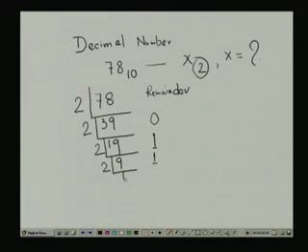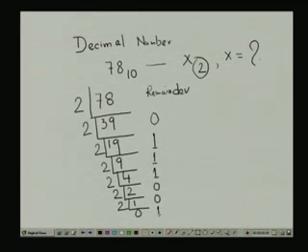Again I divide by 2, remainder 1. Again I divide by 2, remainder 0, and again by 2, remainder 0. I divide by 2. Now my quotient becomes 0 and this remainder is 1.